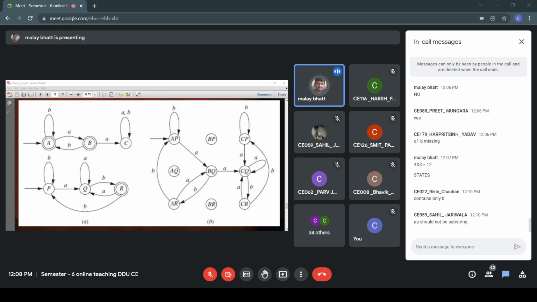Okay, what is the second language? You have to focus on the two concentric circles, because they are the accepting states of this automata.